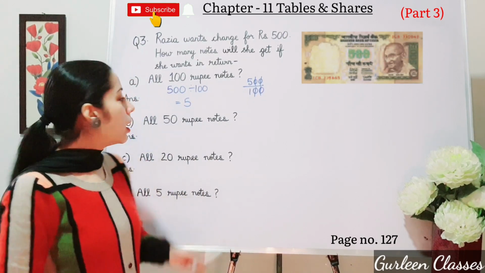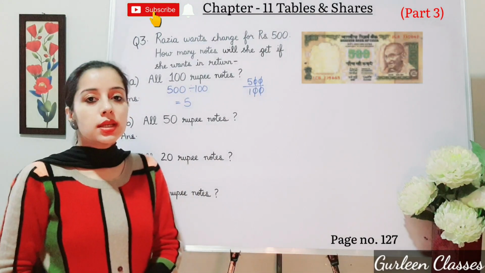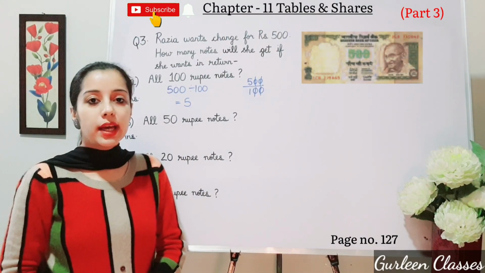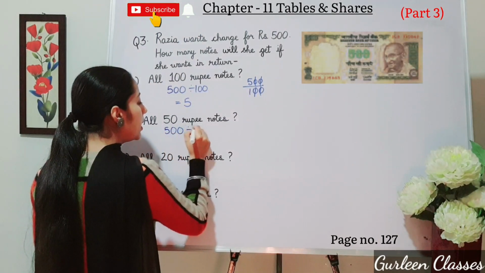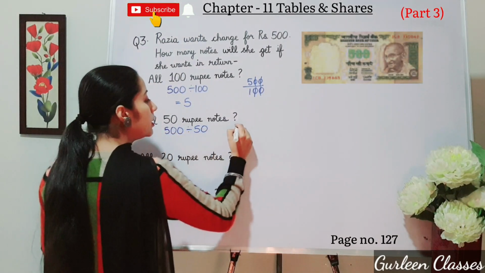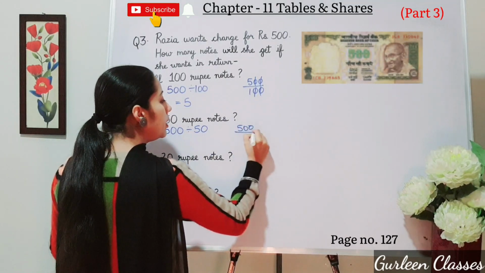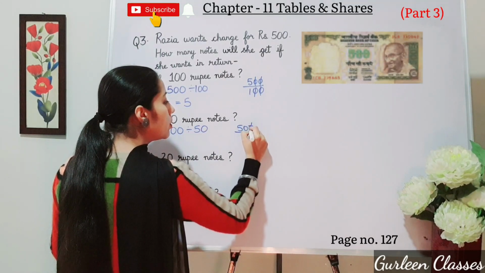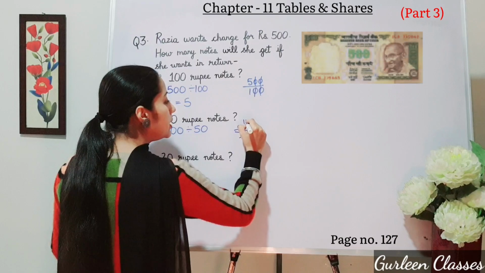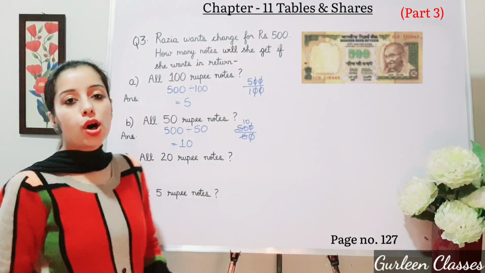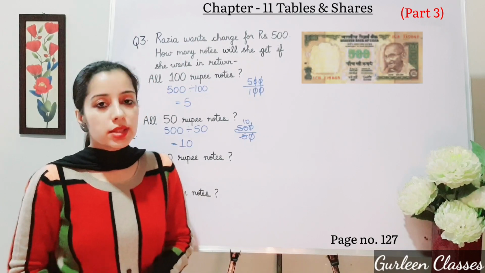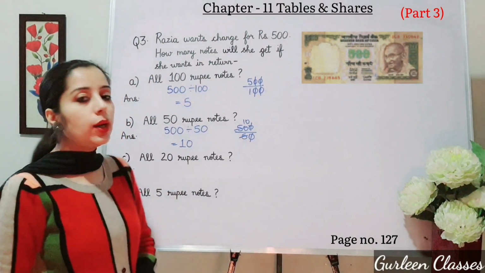Now B part, all 50 rupee notes. So let us divide 500 by 50. 500 divided by 50. 0, 0 cancel. 5 tens are 50. So Razia will get 10 notes of rupees 50. Now C part, all 20 rupee notes.